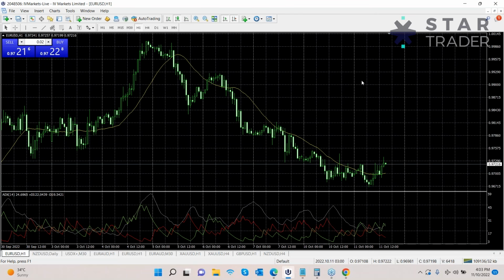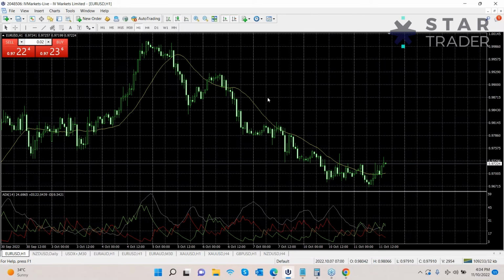So now we are going to start our discussion, our topic, how to analyze the market using your MetaTrader 4. Remember, this is not a technical analysis session. This is all about how to analyze and how to use the tools using the MT4 platform, right? When you open your MetaTrader 4, your screen is always like this, okay?